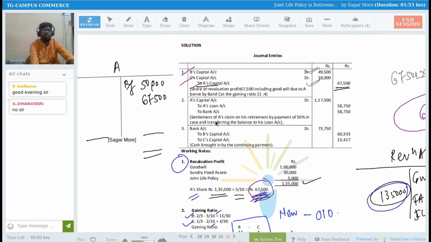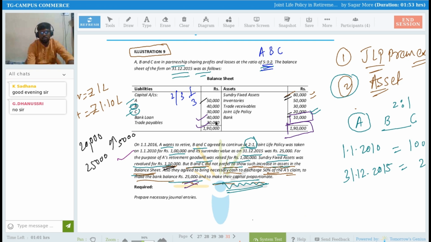How much amount do we have to pay to retiring partner A? Yes, absolutely right, 1,17,500. It is clearly mentioned in the question that out of whatever amount is payable to the retiring partner, 50% we are going to pay today.